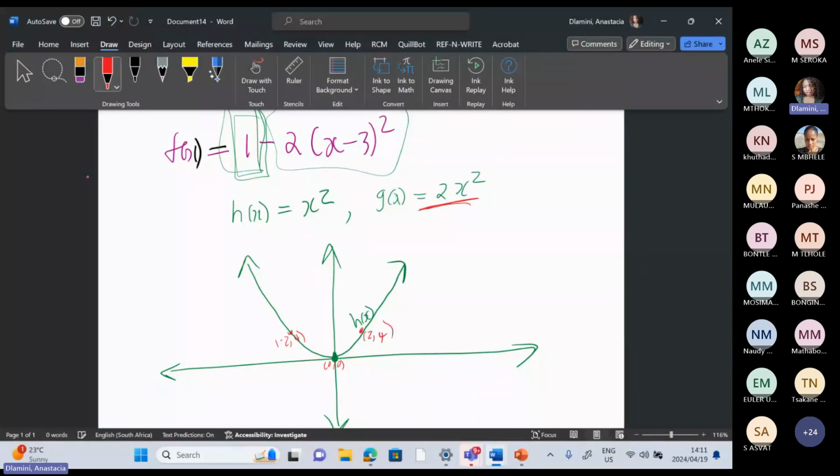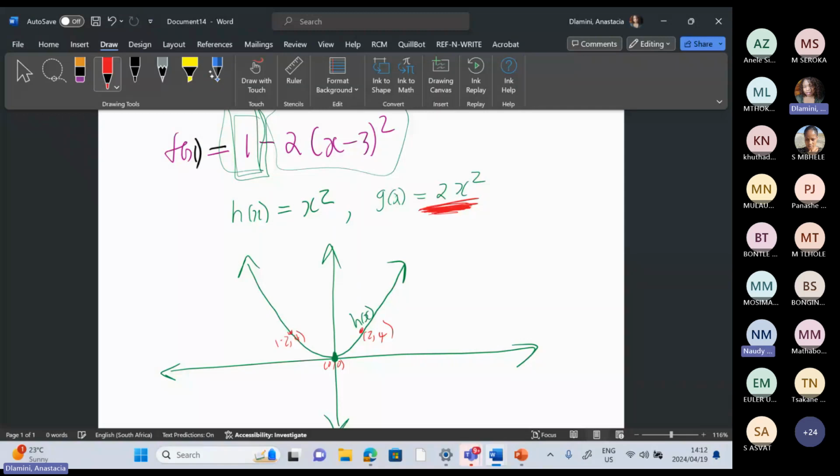Now, what values are changing here? What are we doing here? Do you see that we are stretching or shrinking vertically? Yes. So from here, where we see the y value, we multiply by 2.